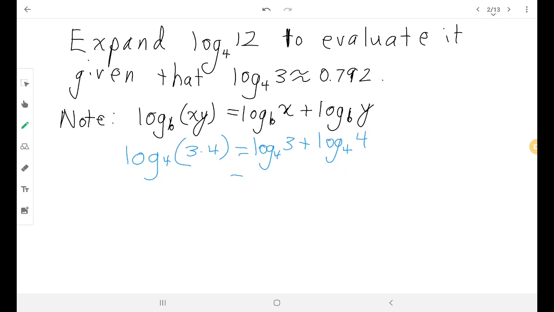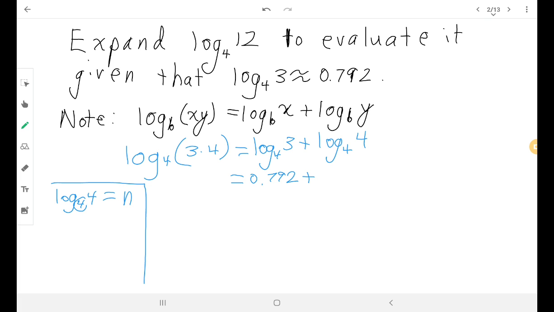So we have a decimal approximation for log base 4 of 3. It's 0.792. Plus, and then let's explore over here what log base 4 of 4 is. Let's set it equal to n, and let's rewrite it in exponent form.